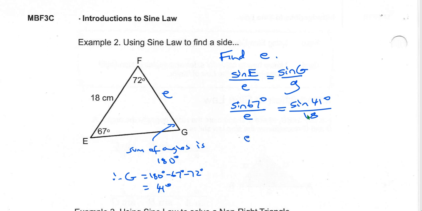Cross multiply, e sine 41 equals 18 sine 67. E times this number, sine 41. Sine 41 is just some number. So if I want to undo that and get e alone, I can divide by that number. But I must do it to both sides.